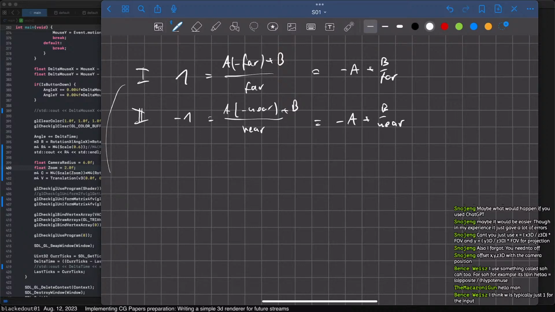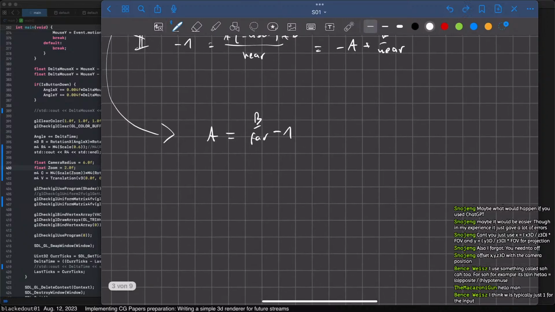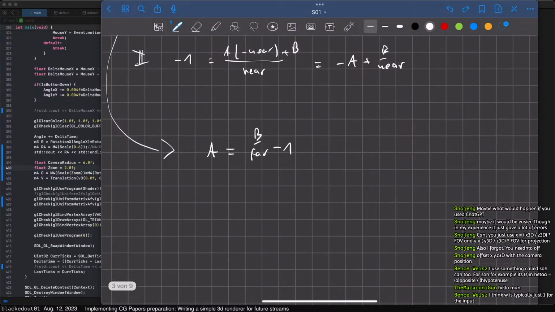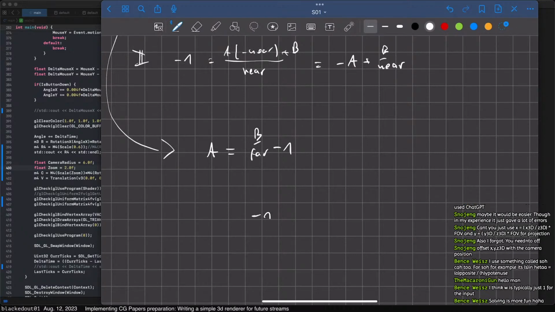So from the first equation, we can see that a is equal to b divided by far minus 1. Because if we move a to this side and the 1 to the other side, this we can now insert into the second equation, and then we see that solving is more fun.